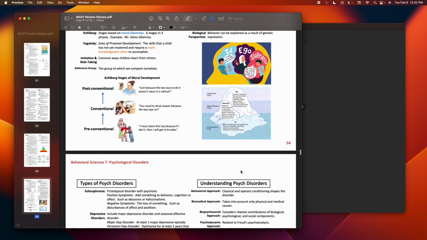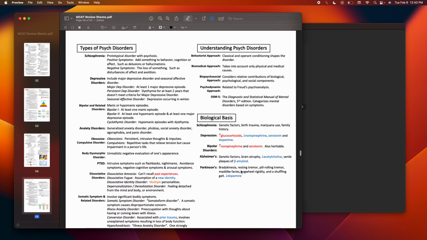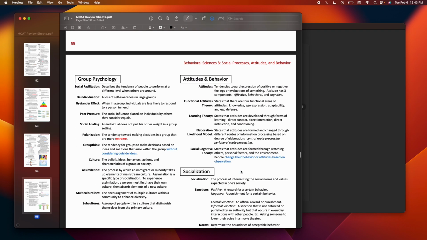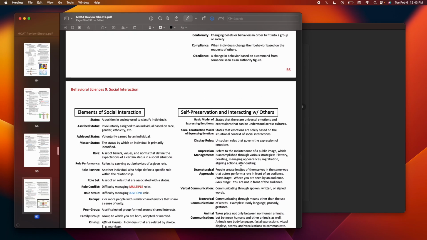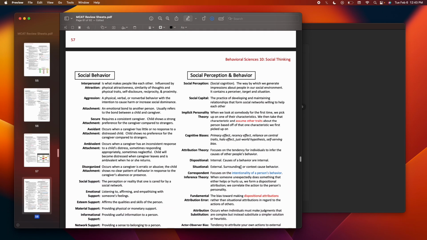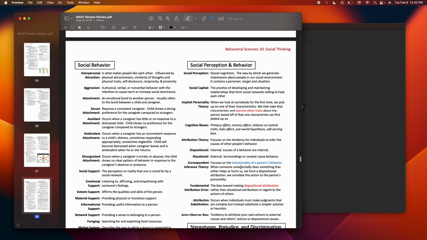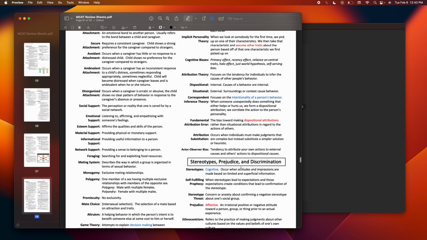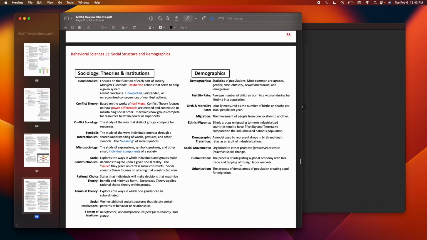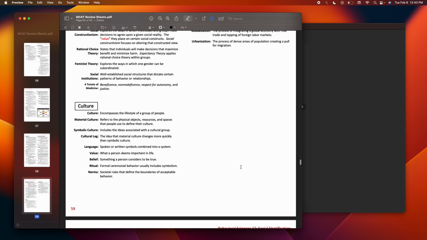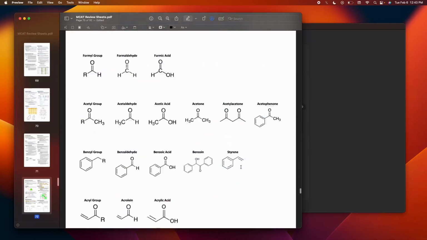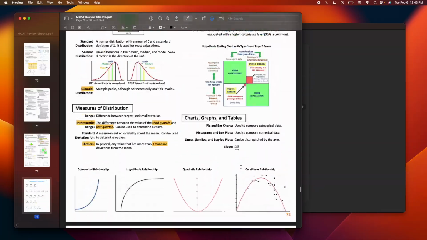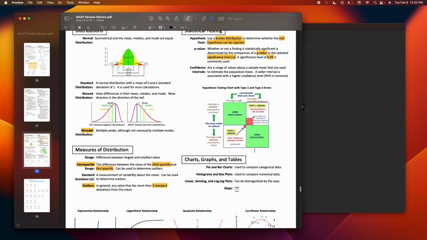Not in here. These are disorders. These are attitudes and behaviors. Might be here in social thinking. Yeah, no, so you can come back to it later. We must have them on the Anki deck.